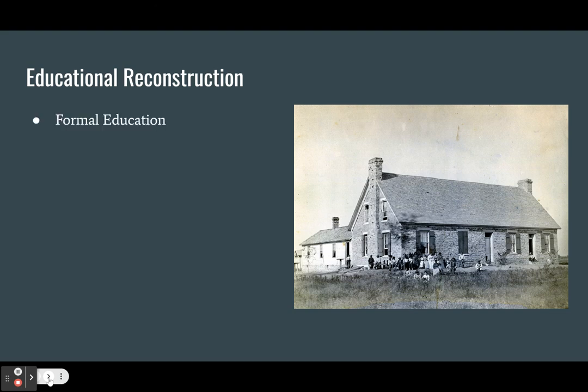So when we talk about formal education, the burden of formal education is placed squarely on the shoulders of these Christian missionaries. And that's been implied in previous lectures, but I want to emphasize that and say it directly in this particular lecture. The burden of that is on these Christian missionaries.